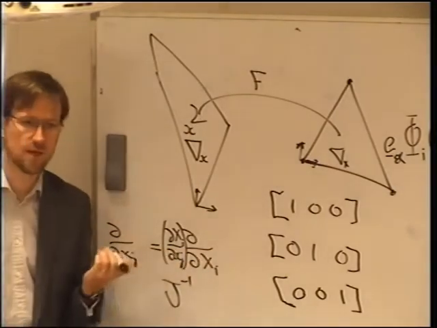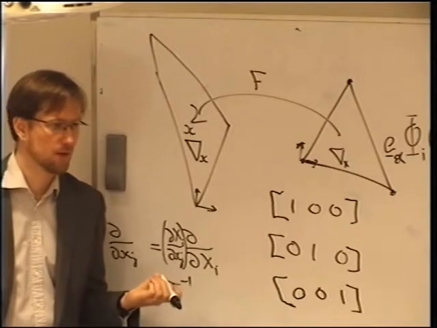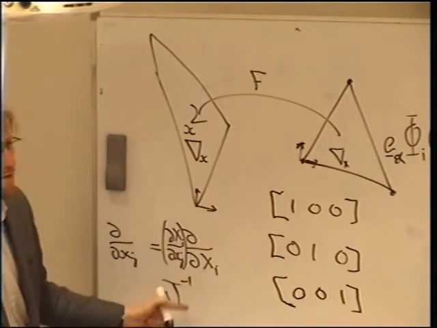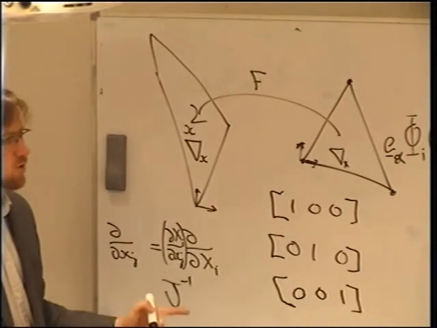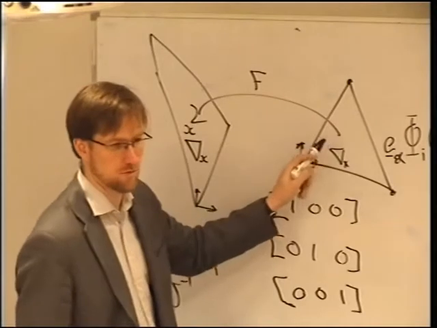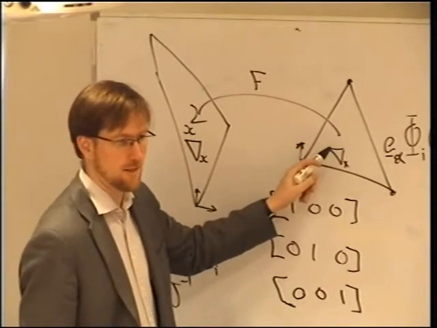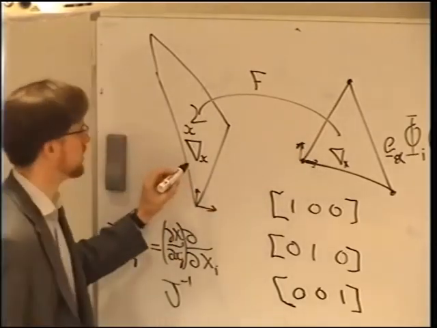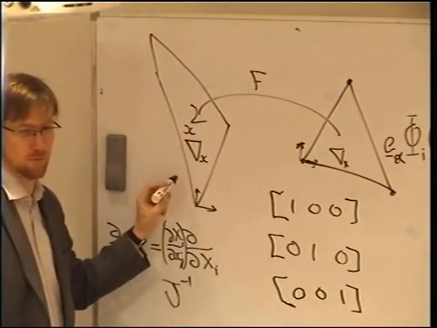And the reason that that's happening is if you ask yourselves, what did this gradient operator do? It took the derivative in the directions of the local coordinates over here. And the local coordinates don't point in the same direction as the global coordinates.